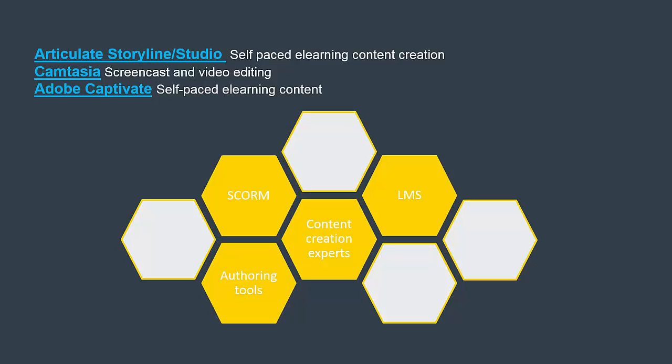So Articulate Storyline allows you to create some quite nice interactive experiences with relatively basic informational content. It can go a lot further than that, but one of its initial strengths is the ability to take what you'd normally see as a bit of text and give it a bit of life.